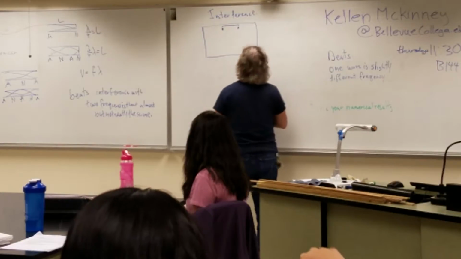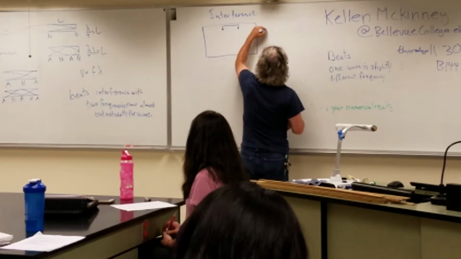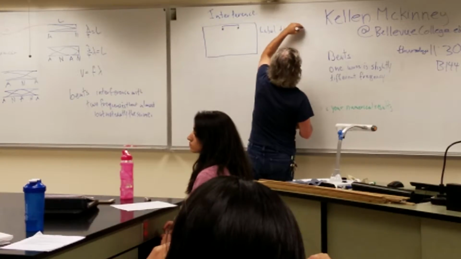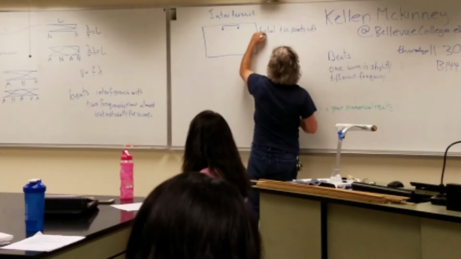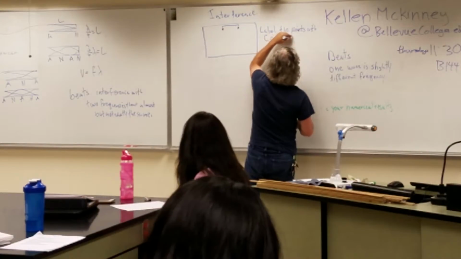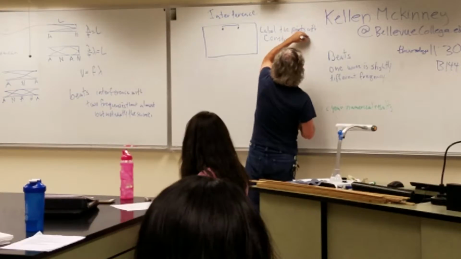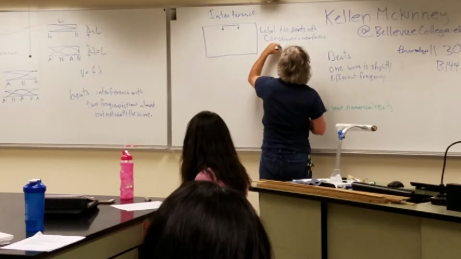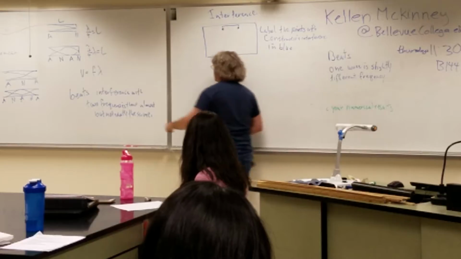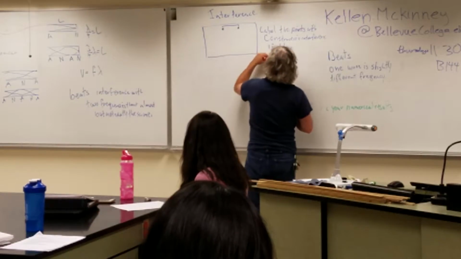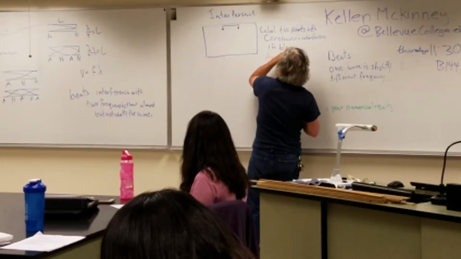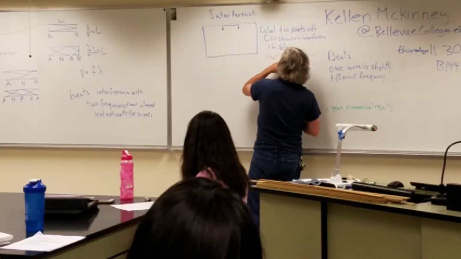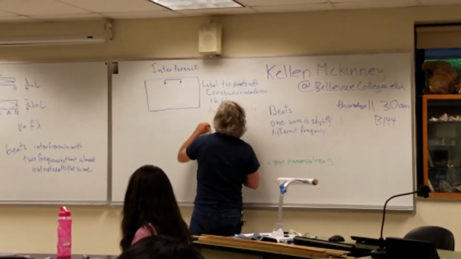And what I want to know is, label the points with constructive interference in blue, and destructive interference in red.